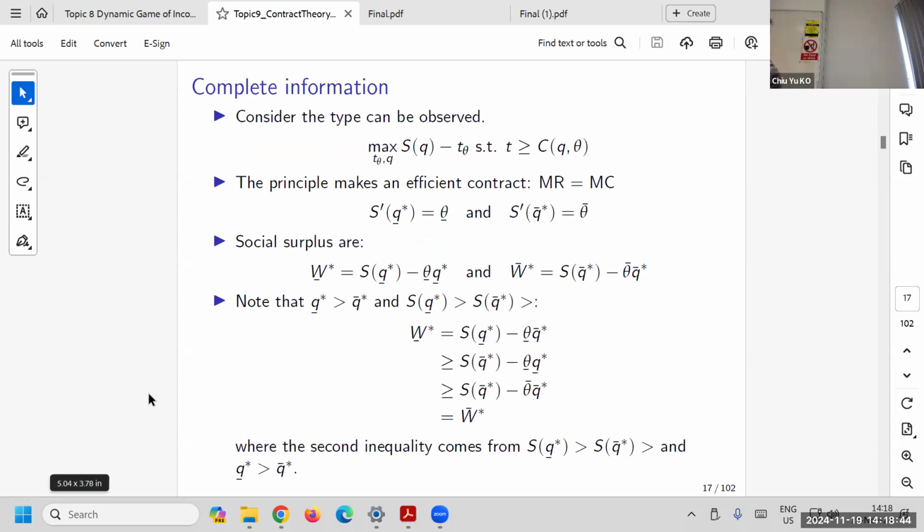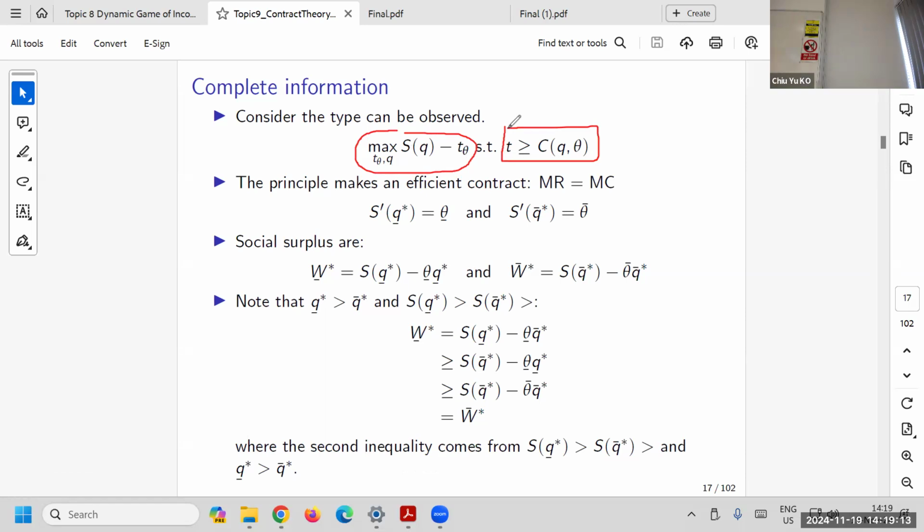So let's see the complete information model. It turns out to be rather simple. Let's do it, and then we'll break, and then we talk about the main thing. In this model, this is the surplus, and it must be the case that the payment is able to cover the cost. That's why we said F is 0 has no loss of generality.